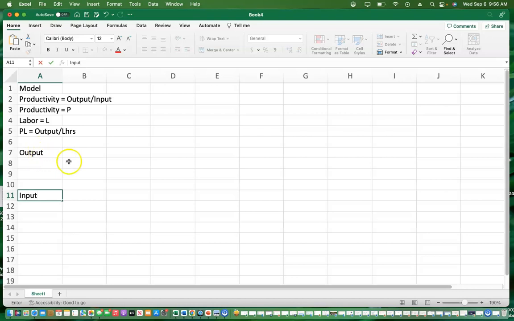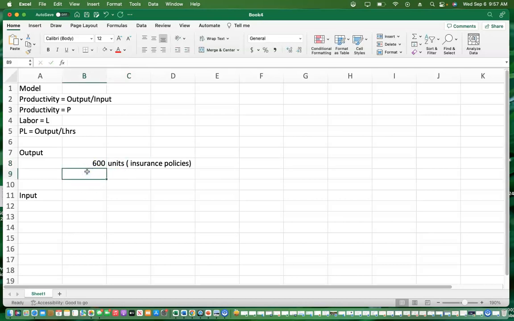For the output, we have 600 insurance policies. That is what is supposed to be done, so I'm going to write here 600 units, and these units are the insurance policies. If that's what we need to produce or process, then we are going to require labor to process.